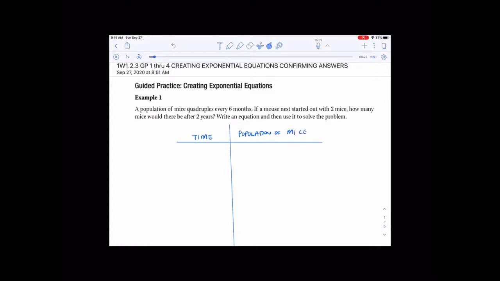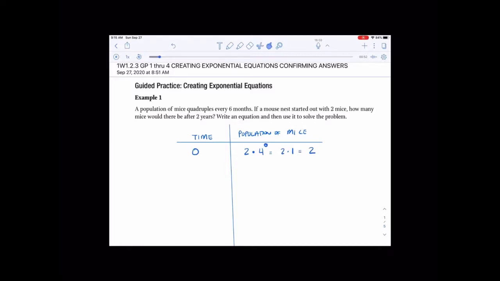So at time equals 0, we would have 2 mice multiplied by the fact that it's quadrupling, but it has occurred 0 times. So we'll put that 0 in for our exponent. So it's equal to 2 multiplied by 1, because anything raised to the 0 power is 1. So we have 2 mice to begin with.